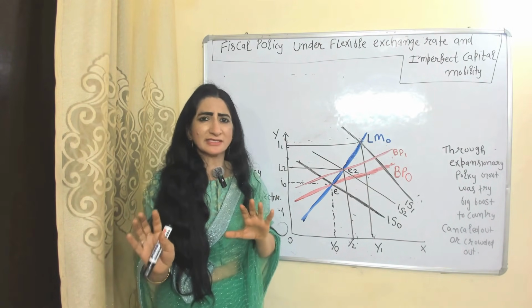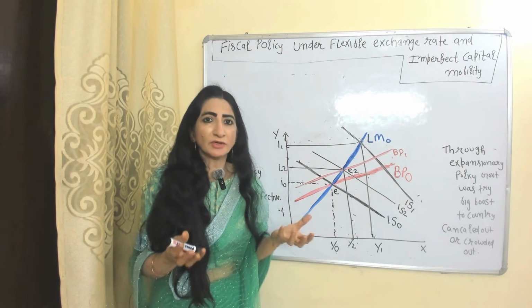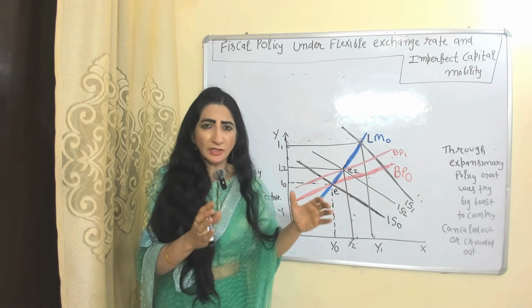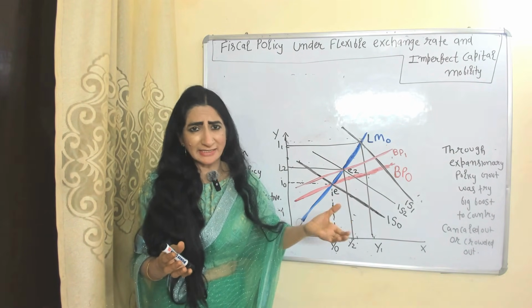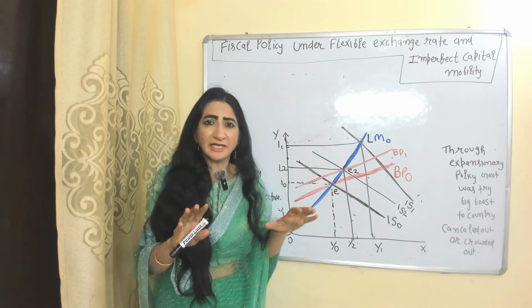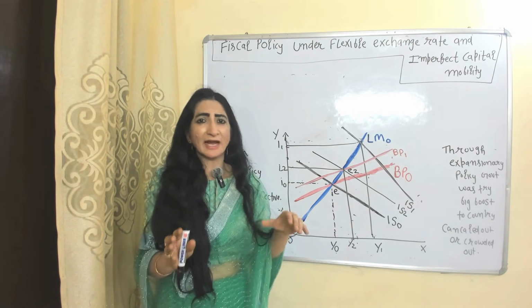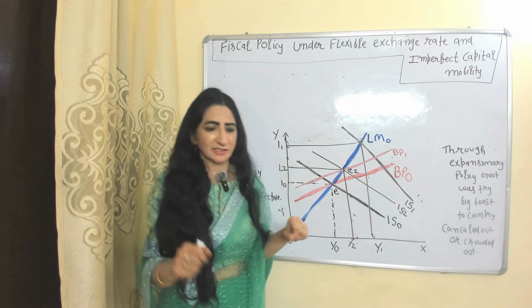In short, through expansionary fiscal policy, government wanted to give a big boost to the economy, but actually these effects cancel out, or you can say these effects are crowded out due to the fall in net export. So we can say that our fiscal policy is not very effective in this case.